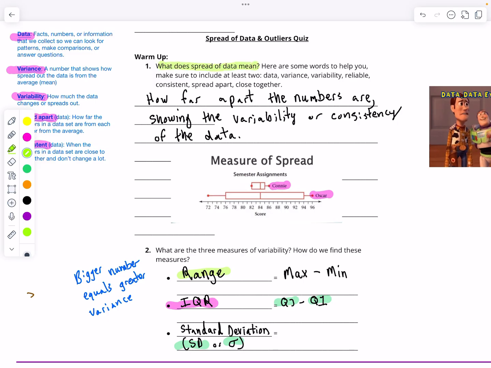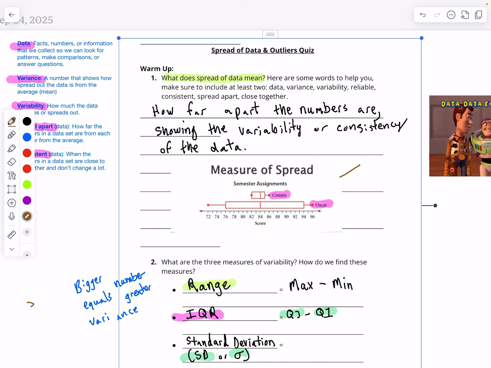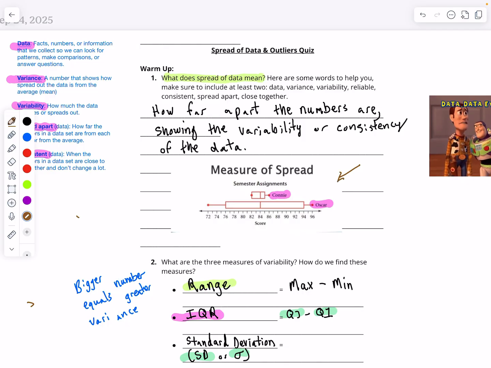I have this little visual down here to help you see what we're talking about. We have two students, Connie and Oscar, and these are their grades throughout the semester. Connie's highest score is like an 86, and her lowest score was like an 82.